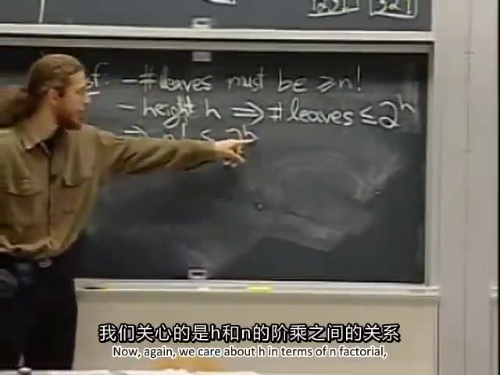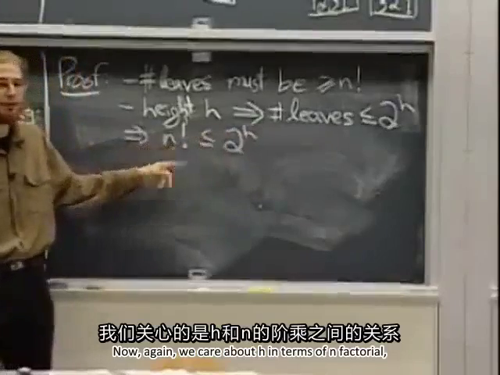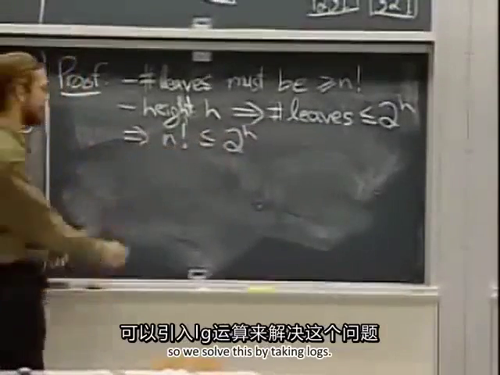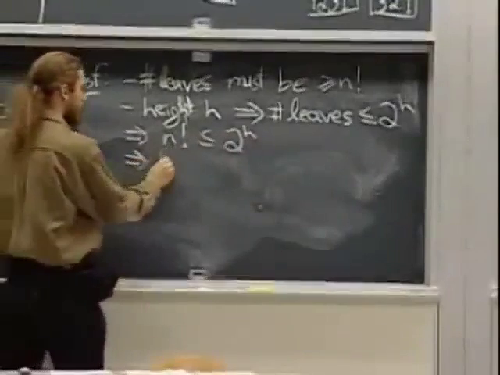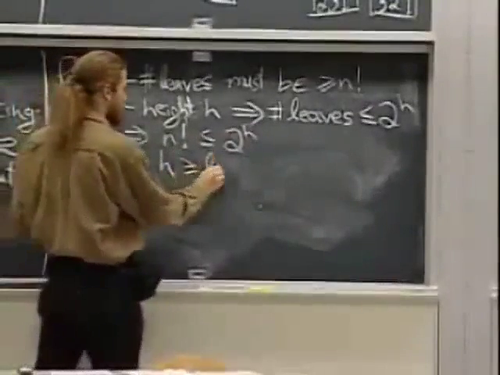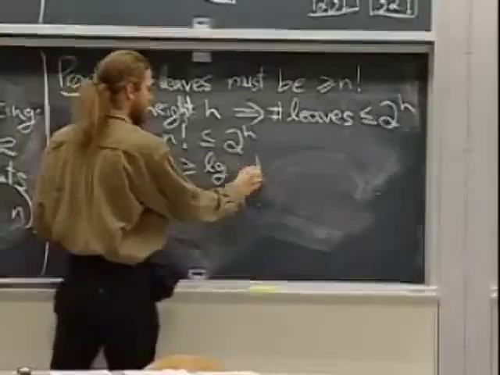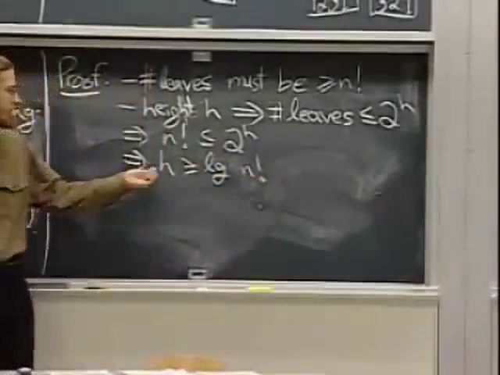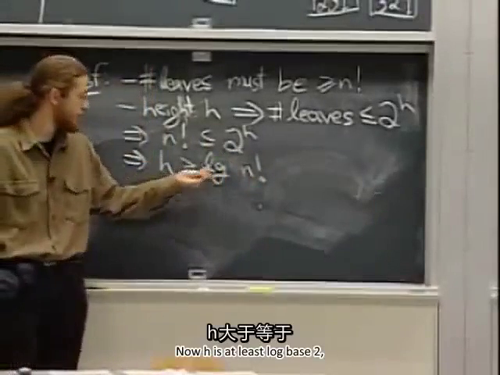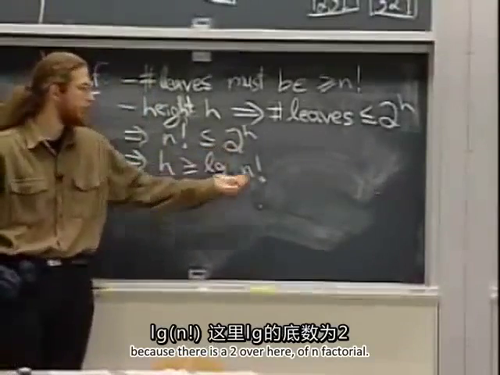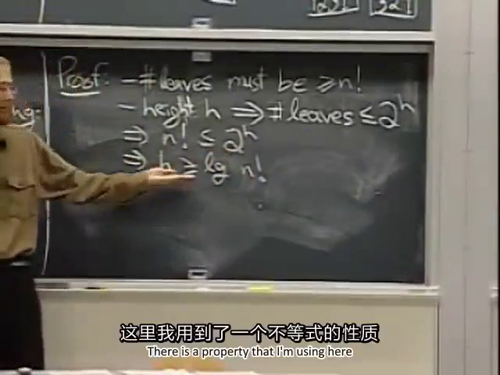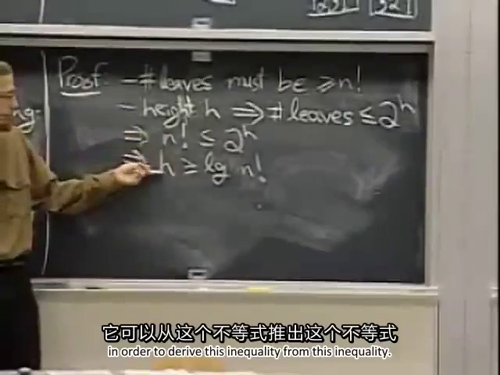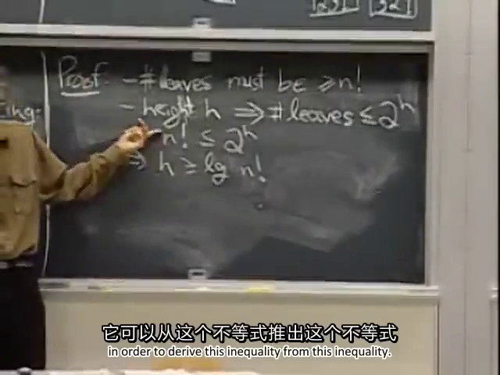Now, again, we care about h in terms of n factorial, so we solve this by taking logs. And I'm also going to flip sides. So now h is at least log base 2, because there's a 2 over here, of n factorial. There's a property that I'm using here in order to derive this inequality from this inequality.